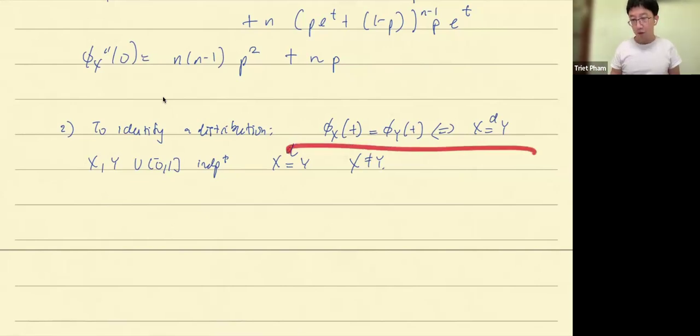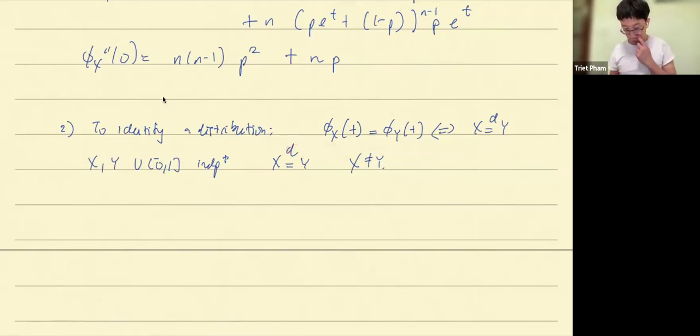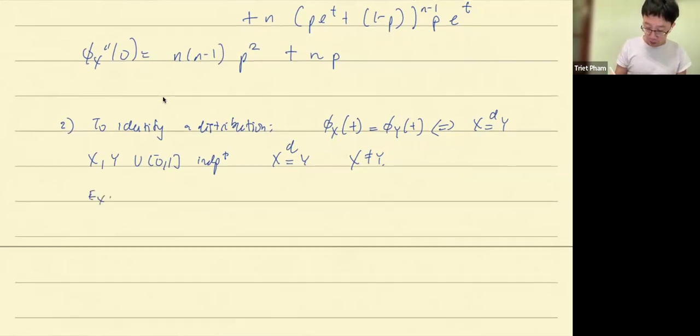So that's sort of the use. Well, again, what does this mean? Another example is like this. Suppose you have a random variable. I don't know where you got it from, but you tell me that, hey, I know that its moment-generating function is this.